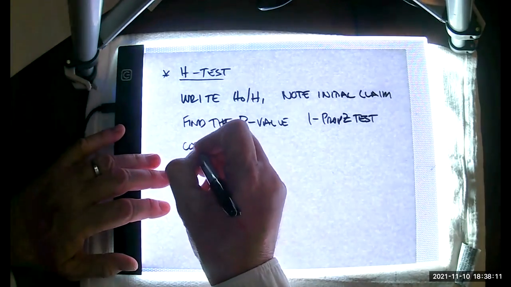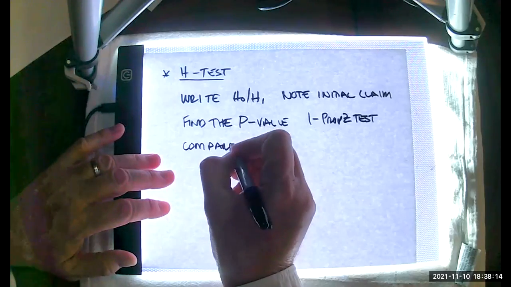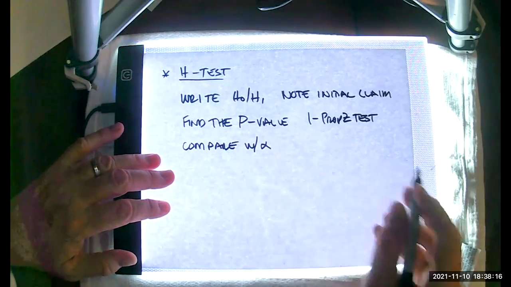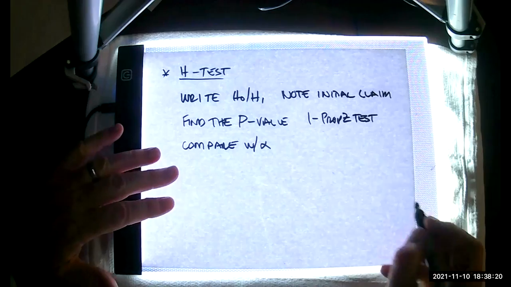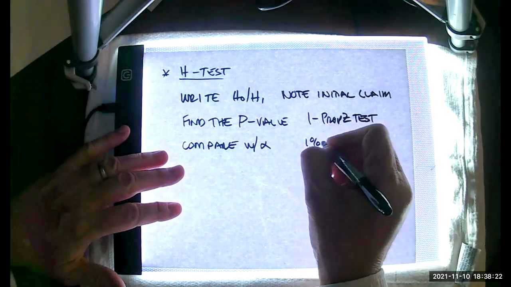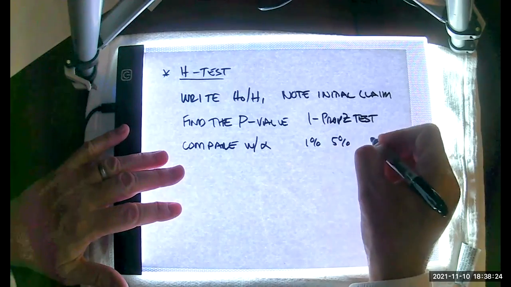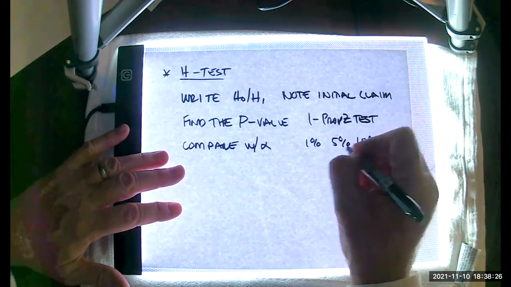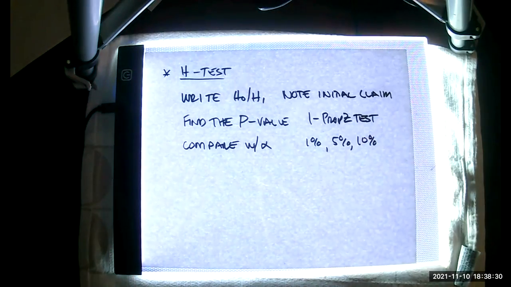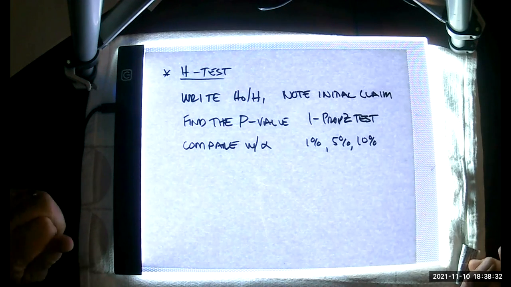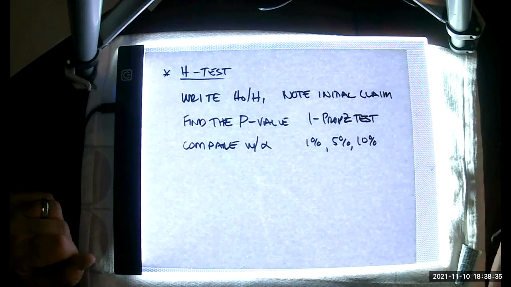Then I will compare with the level of significance alpha. Common values of alpha are 1%, 5%, and 10%. And that is the probability of making a type 1 error where a correct null hypothesis is rejected.